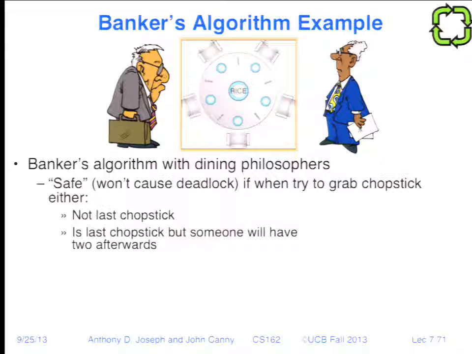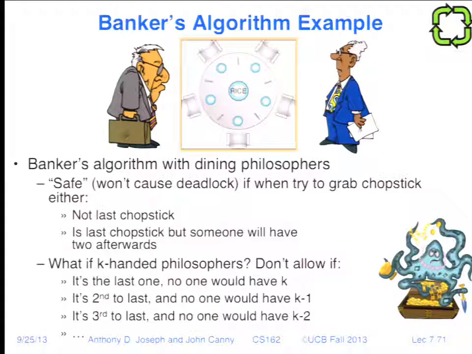You'll basically determine that each thread can complete and finish, and then you're done. All right, and last thing is they will generalize to K-handed philosophers: if it's the last chopstick, but nobody would have K, or second to last, and no one would have K minus 1. So there's a generalization of that one.